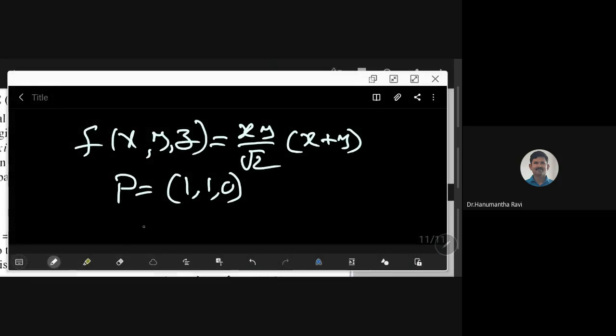And now the direction at the angle pi by 4. At the angle pi by 4 means this vector I'm talking about. We are in the xy plane. It is 1 by root 2 i bar plus 1 by root 2 j bar. How can I say this one? That's the question.